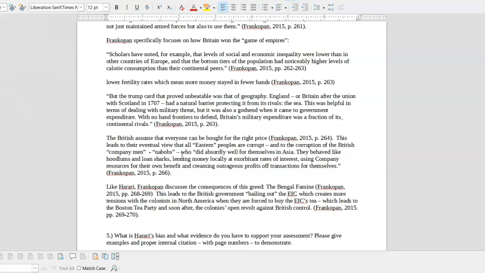The British also, particularly in India, assumed that everyone could be bought at the right price. This basically led to a lot of competition between the various Dutch, French, Spanish, and English emissaries there.